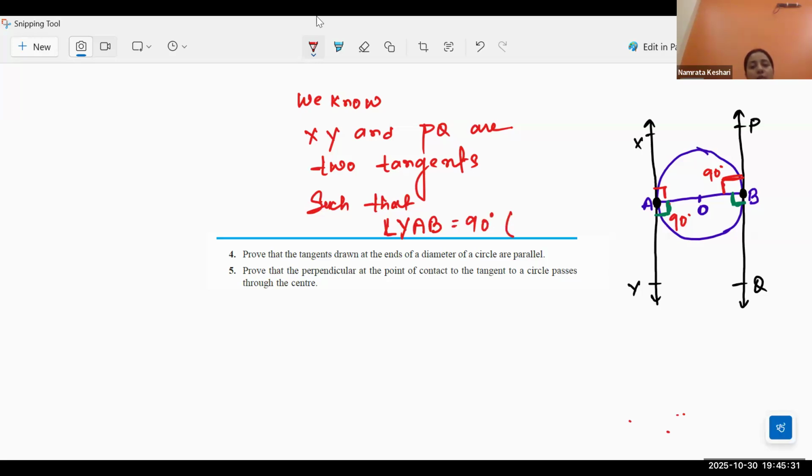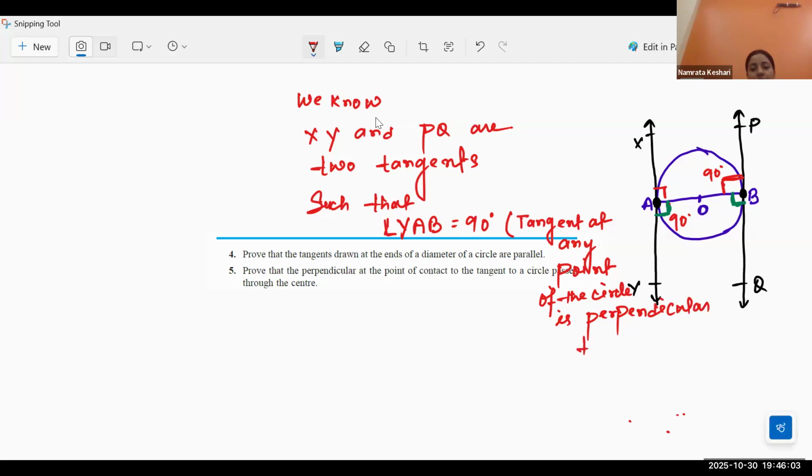Here you need to write theorem number one: tangent at any point of the circle is perpendicular to the radius through the point of contact.